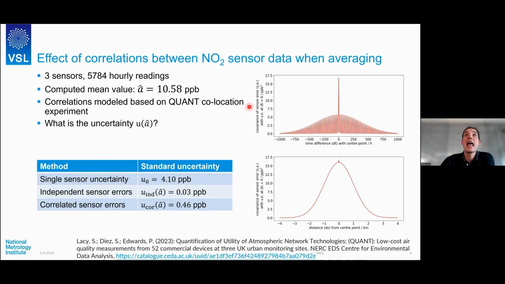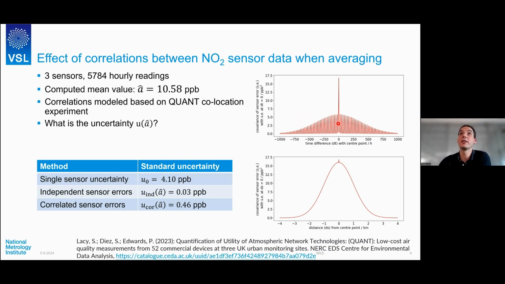Then we calculated the errors of the sensor, and on the error signal between reference and sensor, we looked at the correlation behavior of basically the sensor errors.